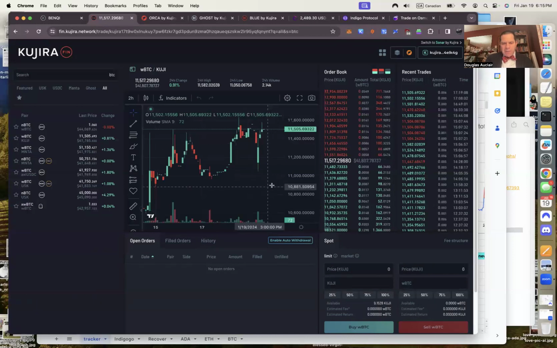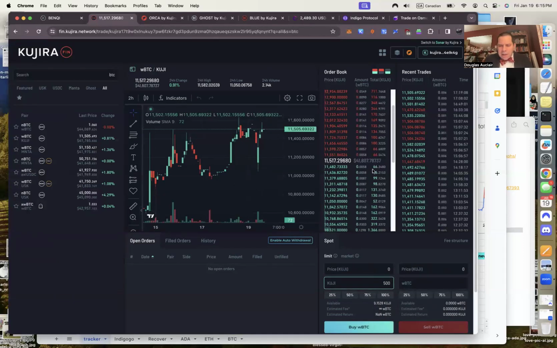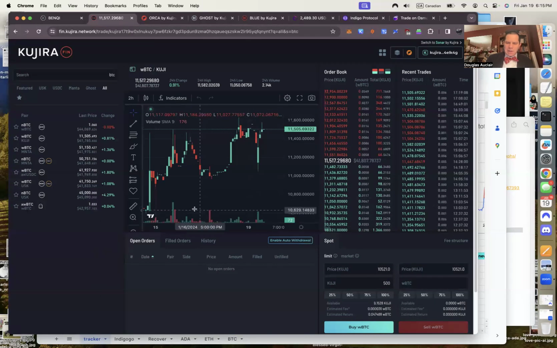I say, okay, we have a big price drop off here. We have this kind of range here. Let's say I have 500 Kuji. So I look and I say, okay, I can go all the way down to here at this price point if I believe that that is going to hit.